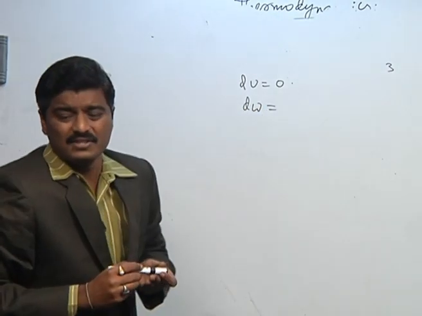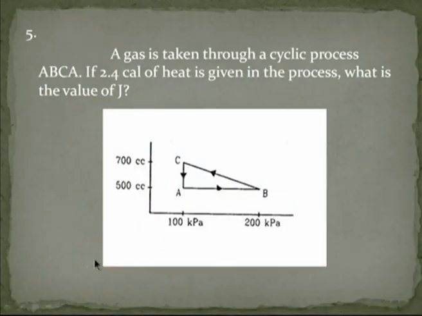Just to check, there is the process AB here. The AB process is completely an isochoric process, so the work done here is 0. Then the BC process and the CA process. So directly what you are getting is a triangle.